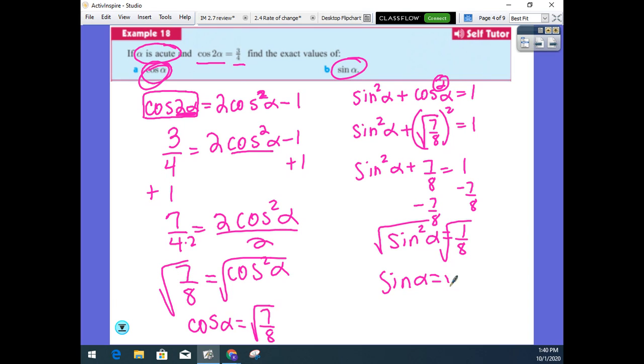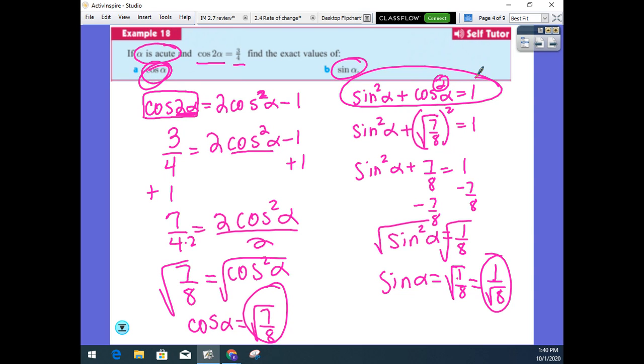Once again, the angle is acute, so I want the positive. And technically, the square root of 1 is 1, so I could simplify that. So these are my 2 answers. We're going to use this identity a lot.